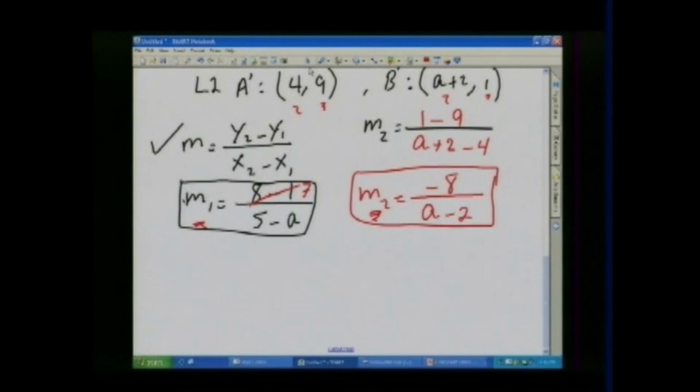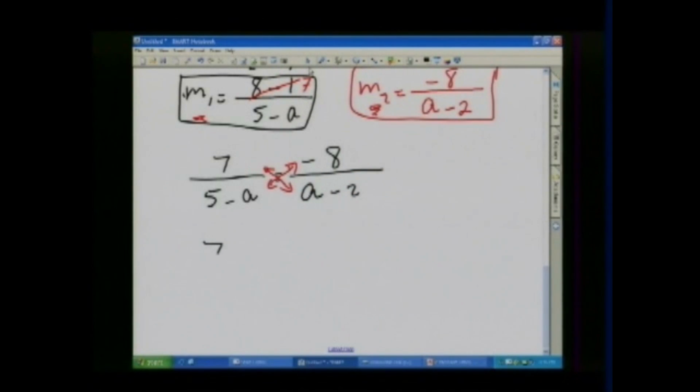So that would mean that 7 divided by 5 minus a is equal to minus 8 divided by a minus 2. Now we do a cross multiplication. We get 7 times a minus 2 equal to minus 8 times 5 minus a.